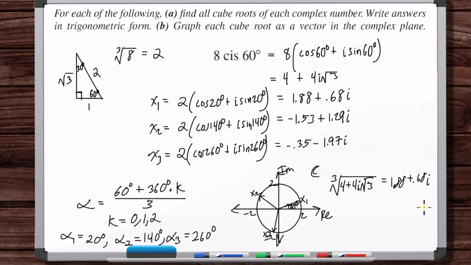But no, we don't want to do this. We're going to talk about this later. Until you've taken complex analysis, I haven't posted that playlist yet, you don't want to do this. All you could do is just go off to the side and make a statement that the principal cube root of 4 plus 4i root 3 is 1.88 plus 0.68i. Don't put any radicals.